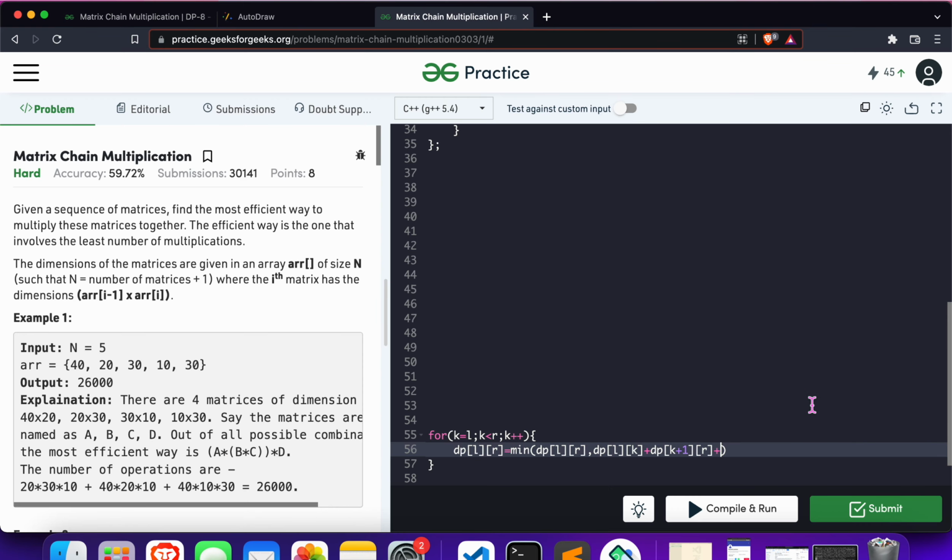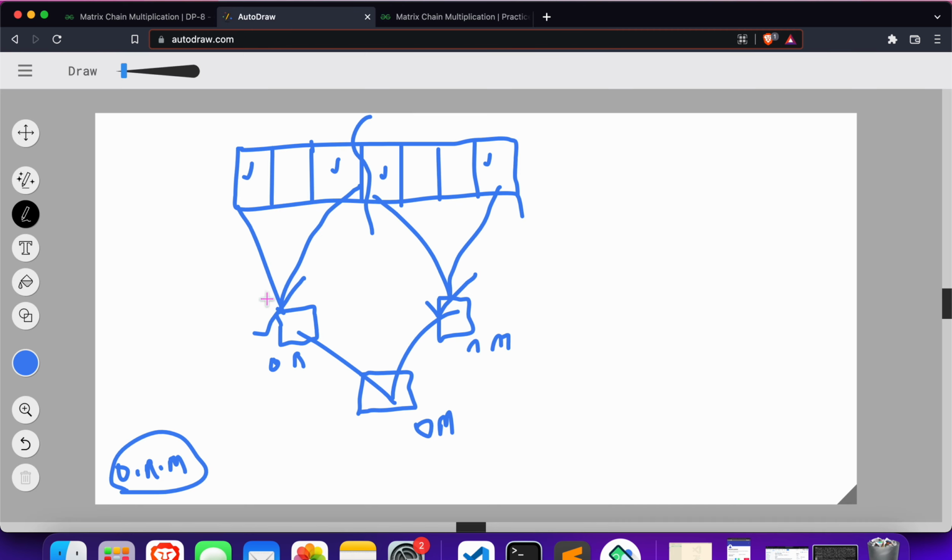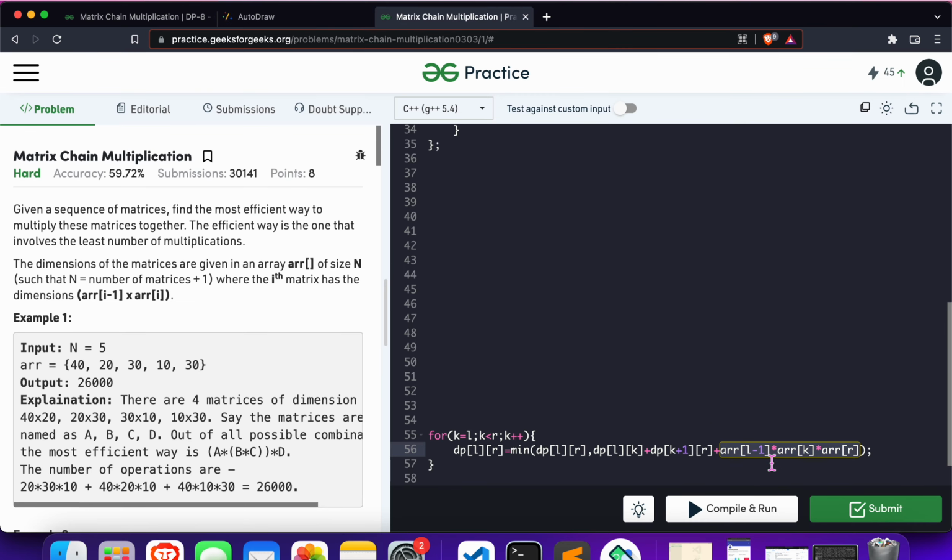So it will be like array position at L minus 1 into array position of K into array position of R. So you can see that O was here, M was here, and O×M. Okay, so that's what I have done.